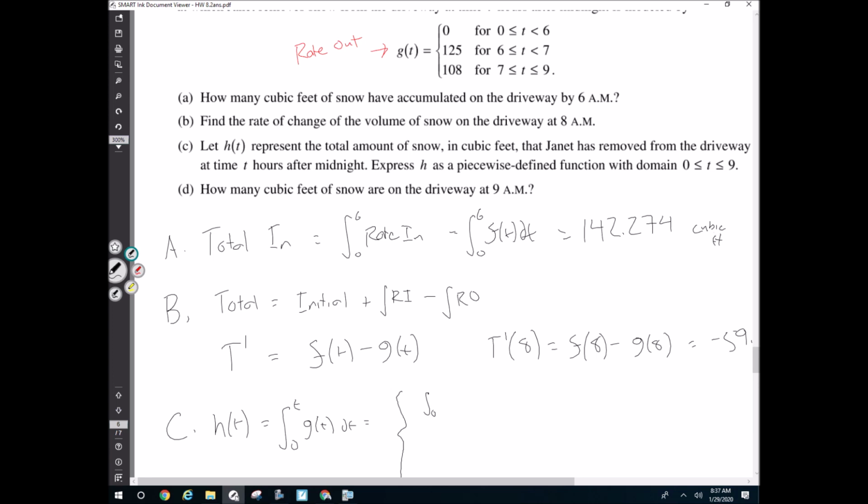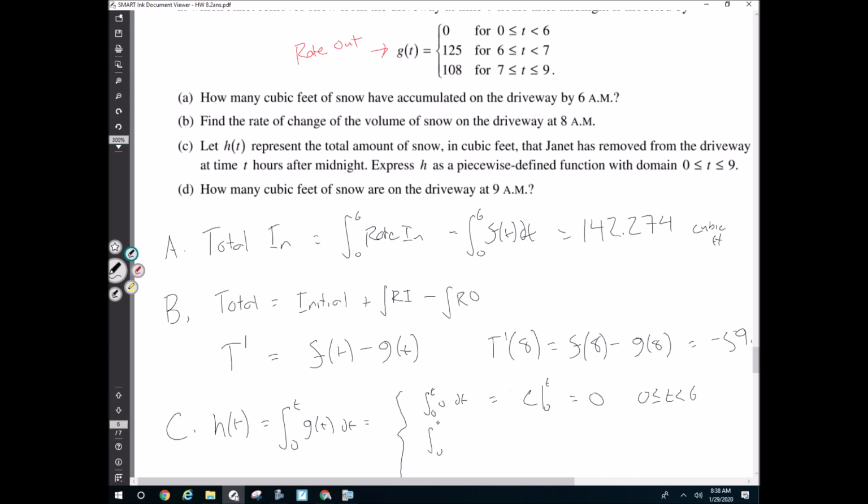So the integral from 0 to t of 0 dt equals 0. Antiderivative of 0 is just a constant, but the constant, when you find the change between 0 and t, would just be 0. So I got 0 from 0 to 6.